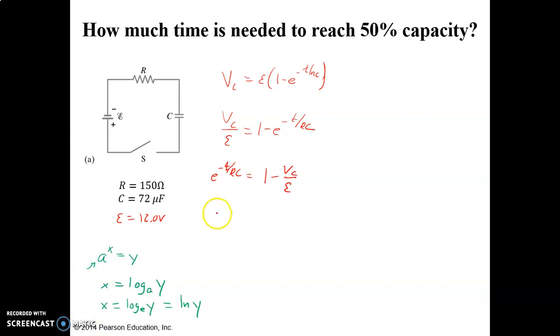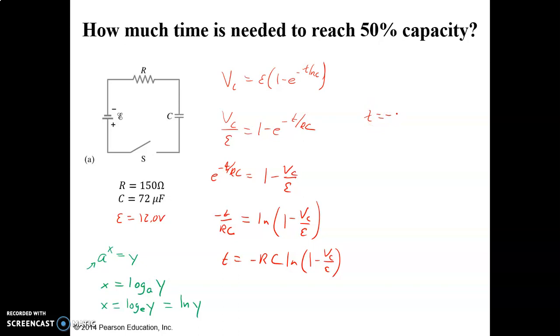Okay, so that means x, which is the exponent, negative t over RC, is going to equal the natural log of 1 minus VC over EMF. So the time is going to be negative RC times the natural log of 1 minus VC over EMF. All right, plug that in.